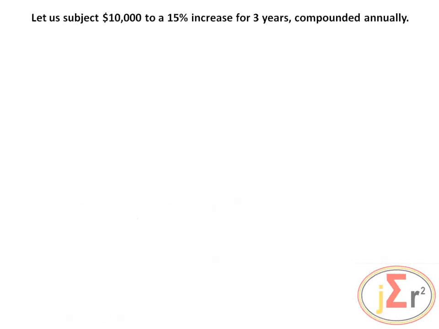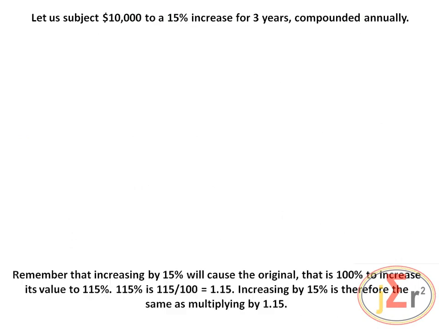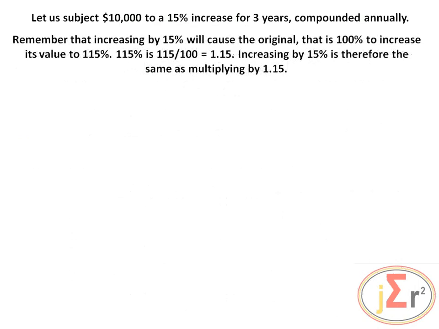So let us look at it. Let us subject $10,000 to a 15% increase for 3 years compounded annually. So remember that increasing by 15% will cause the original, that is 100%, to increase its value to 115%. That is what we always do.